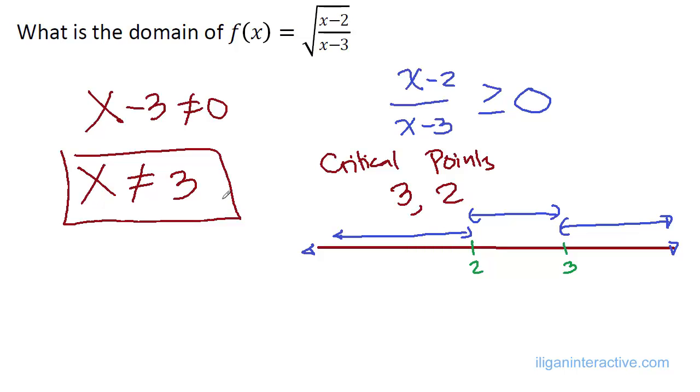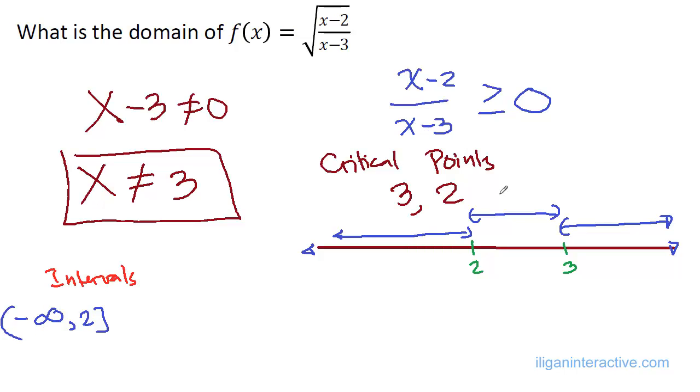And what are those? Let me have it here. In interval form, it could be written as negative infinity to 2. We could use a closed bracket because there's a greater than or equal sign here, except for the 3 because it's the denominator.